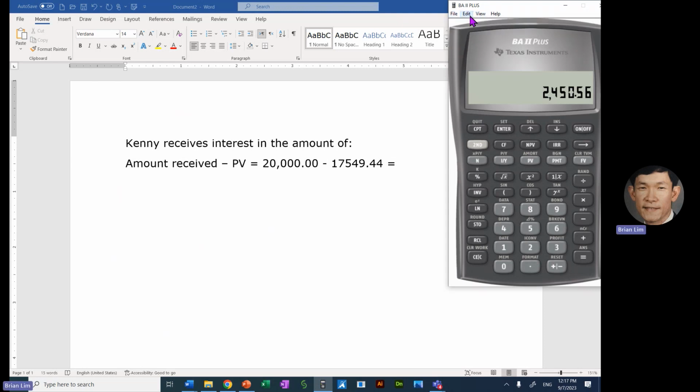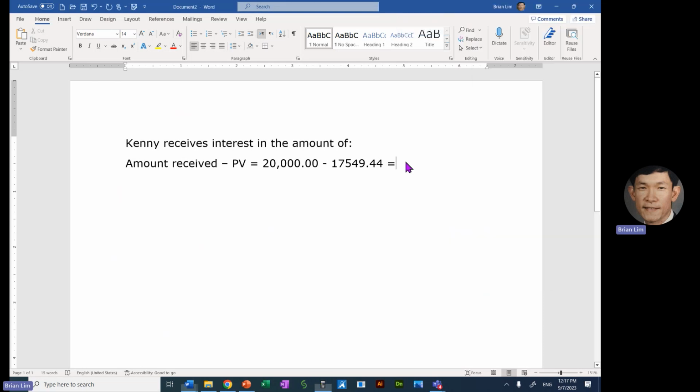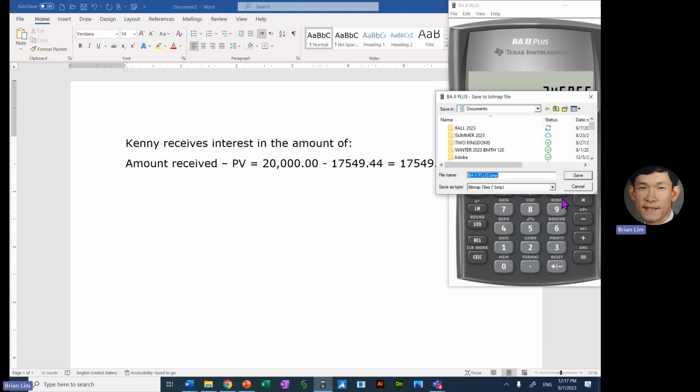We could actually, let me see, edit. You can copy the display, copy the answer, it doesn't matter. Let's see if it works. It doesn't work, eh? It copied something, but it didn't do what we wanted it to do.